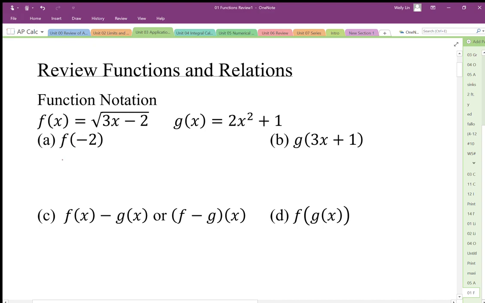So f of -2 is going to be equal to the square root of 3. We substitute the -2 in and evaluate that expression. So in this case here, we're going to end up with -6 minus 2. So that ends up being -8. Okay, and this is an imaginary number, so we can't actually work this out. So this does not exist.